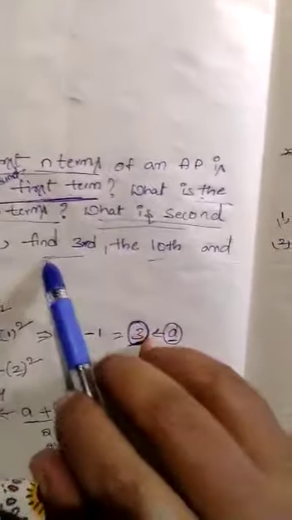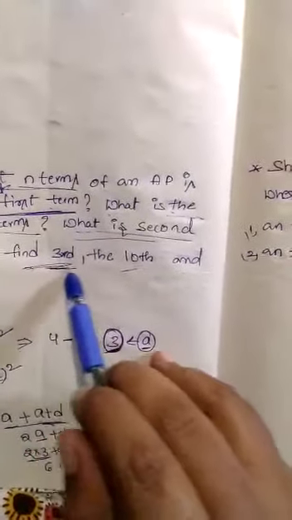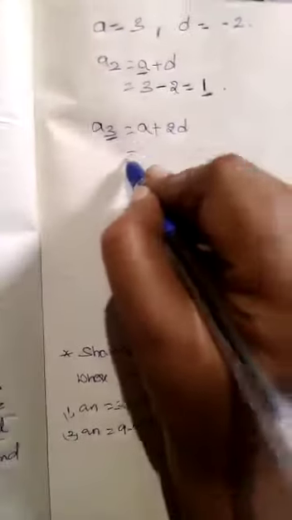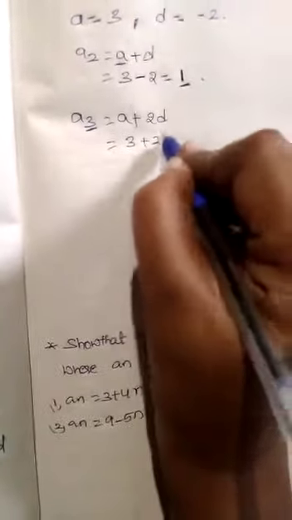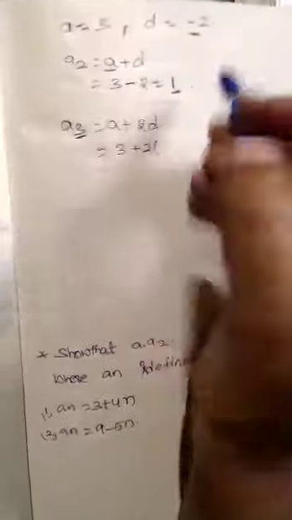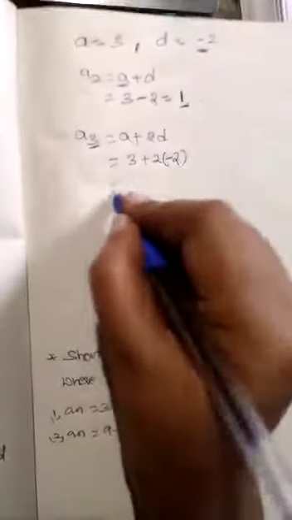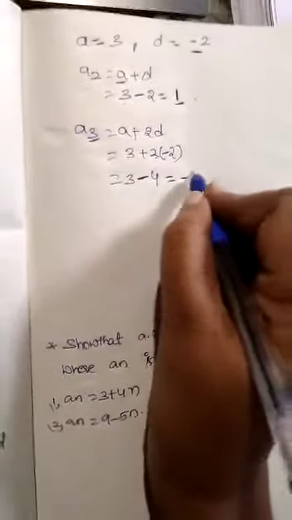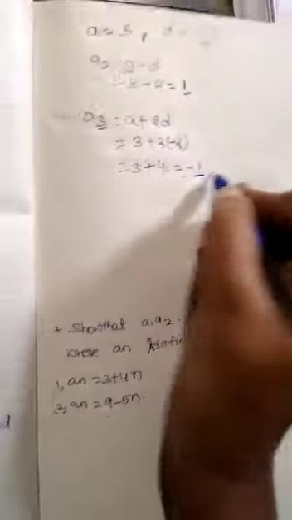A2 equals 1. Next, find the third term A3. A plus 3 minus 1, 2D. A value is 3, 2 into D value, minus 2. 3 plus 3 minus 2 into 2, 4. A3 equals minus 1.